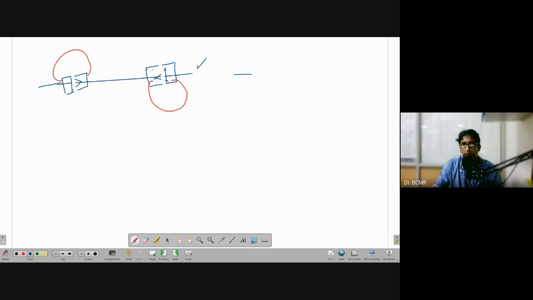I'm just drawing the arrowheads so that it's easy for us to understand. I put them facing each other. There is also another way you can put it, where they are both facing the same side, right?